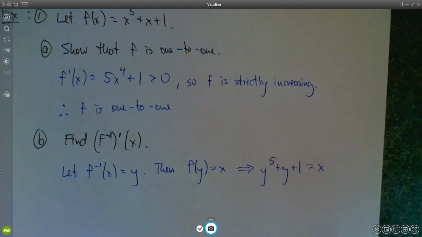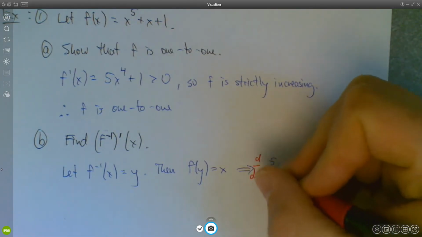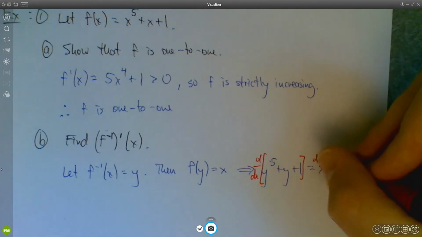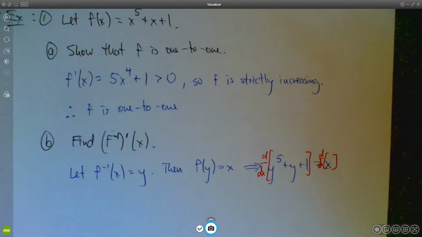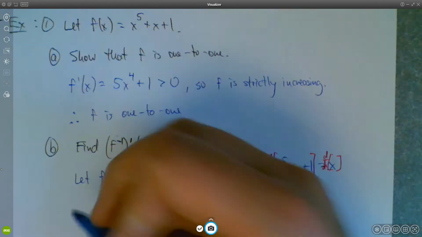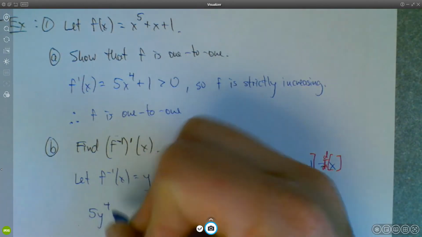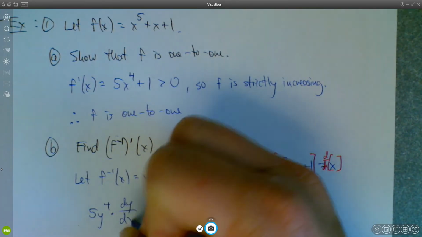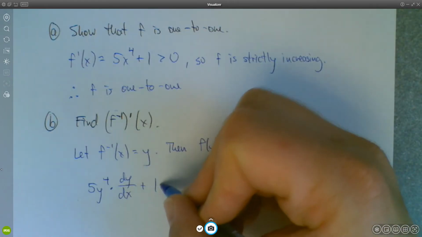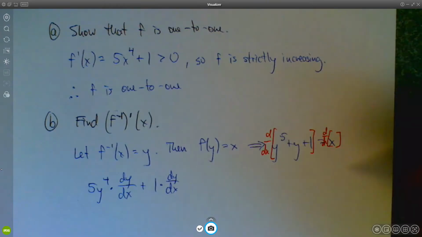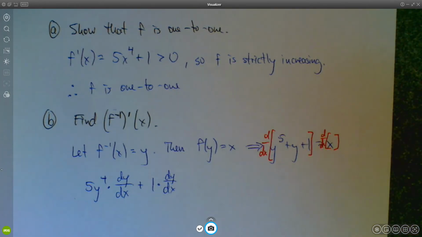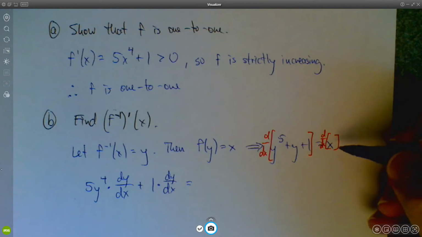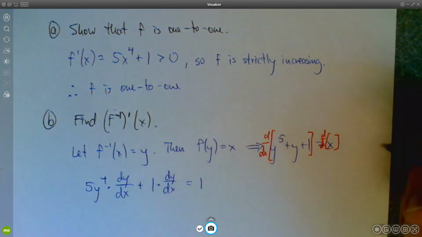So now we're going to take the derivative with respect to x. The derivative with respect to x of y to the 5th is going to be 5y to the 4th times dy/dx, plus 1 times dy/dx, plus 0. And this last term doesn't have a y on it, so you don't have to say times dy/dx or anything like that. And then on the right hand side, the derivative of x is just 1.